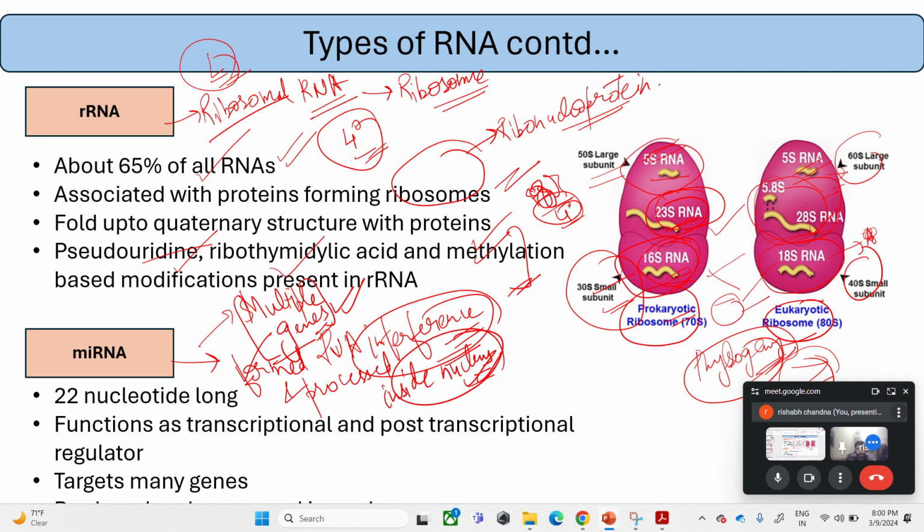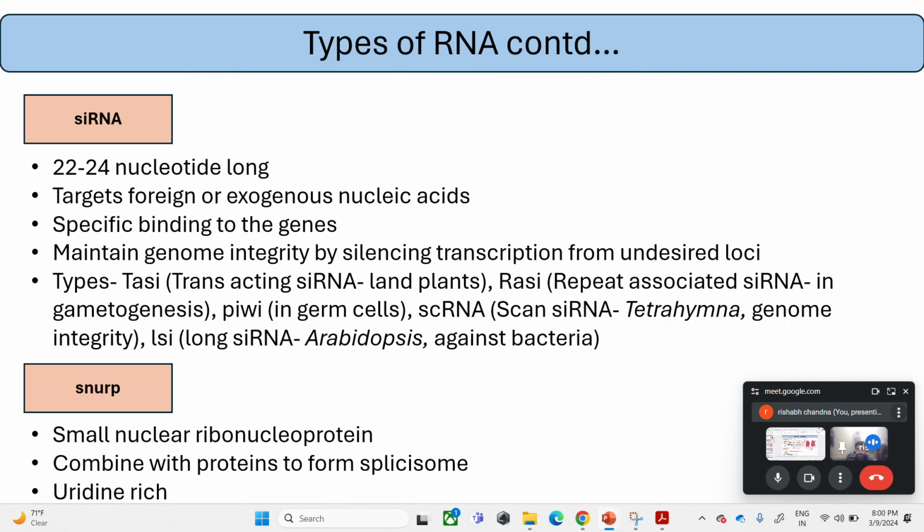We'll study that later. Similar to microRNAs, we have the short non-coding RNAs, or siRNAs, small interfering RNAs rather. This is a bit larger, 20 to 25 nucleotides long, and the function of siRNA is that it targets exogenous nucleic acids.